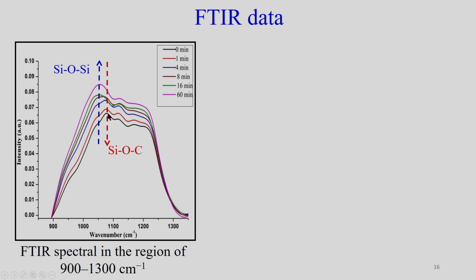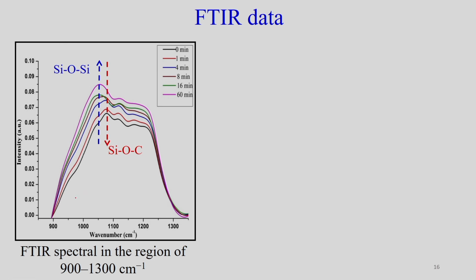But at the same time, at time 0 we had a peak around 1080 which corresponds to the Si-O-C bond, which is getting completely removed. It means the head group is getting removed or condensed, while Si-O-Si bond formation is taking place at the surface.